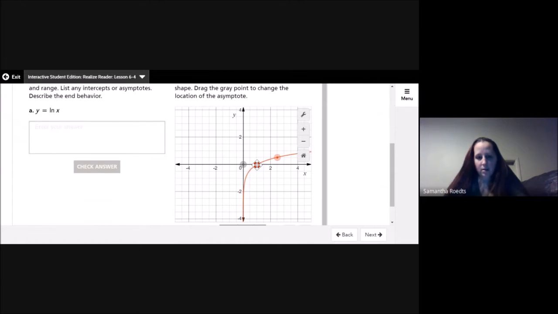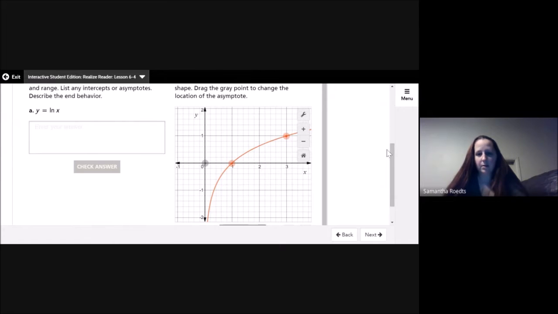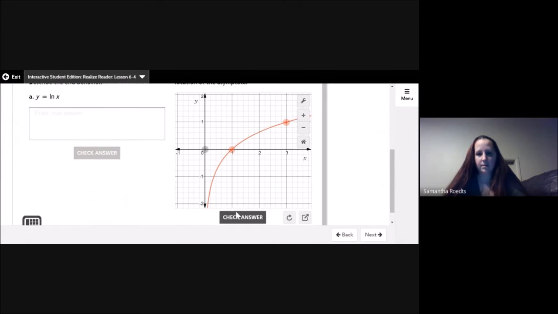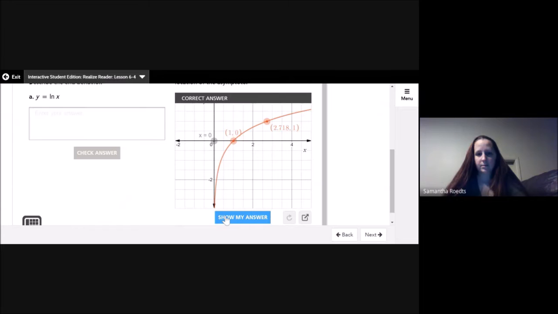At x equals 1, it'll be 0, and at about 2.7181, it'll be 1.